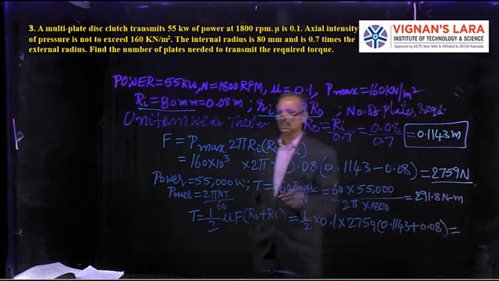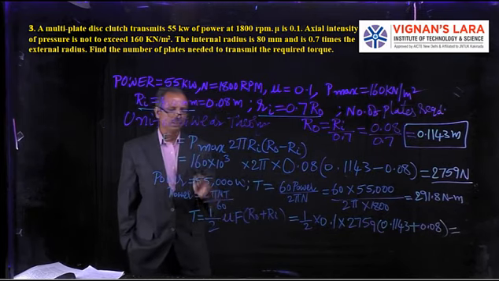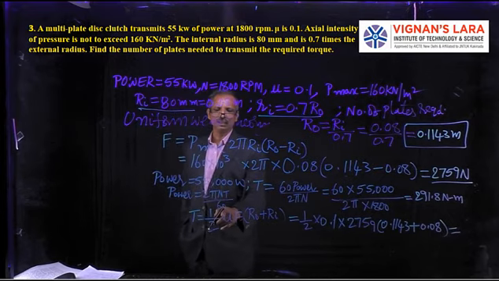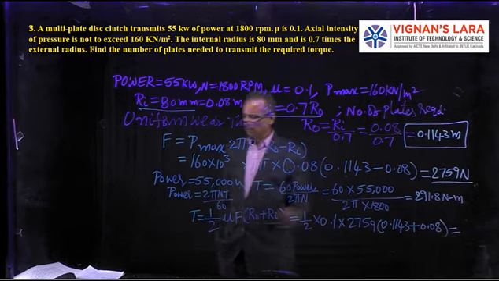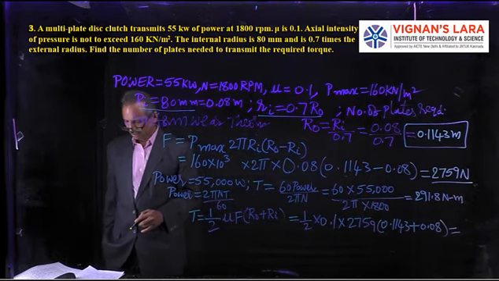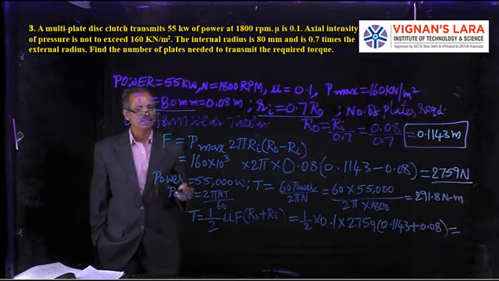So this is torque. The torque supplied by a single effective surface is half mu F into R naught plus Ri. By substituting this, how much is the value? Just calculate this.